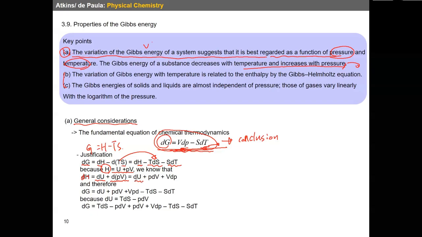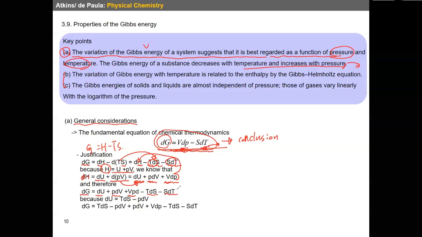So we can make this dU plus PdV plus VdP, and simply put this in here. Then we get dG equals dU plus PdV plus VdP minus TdS minus SdT, right?